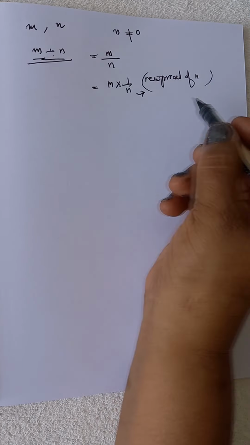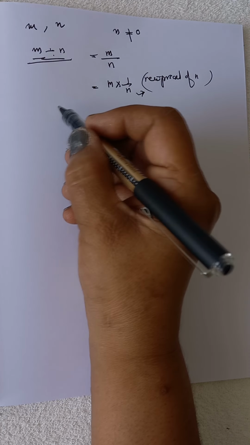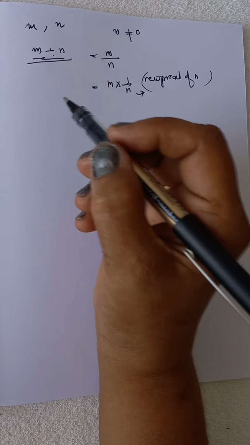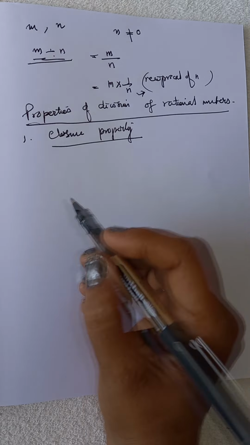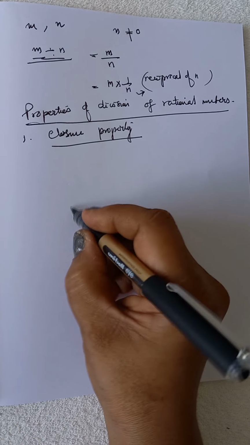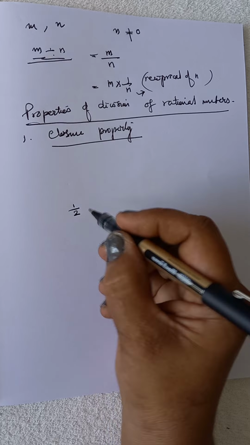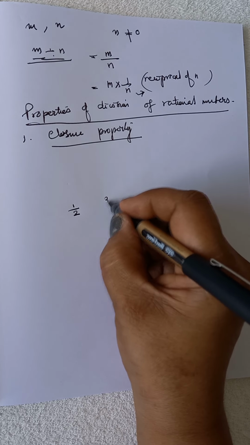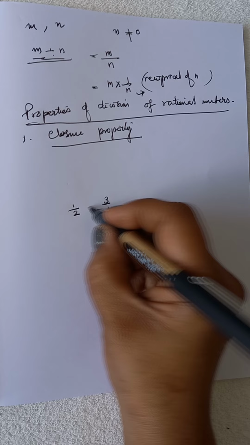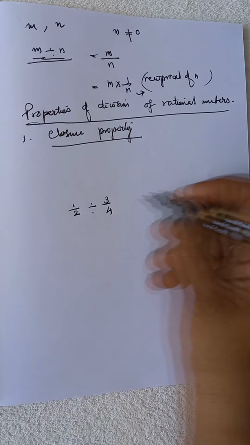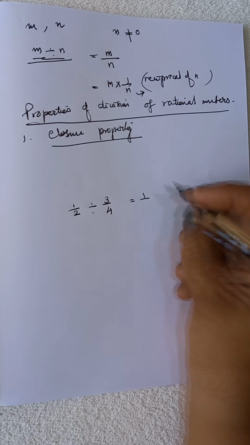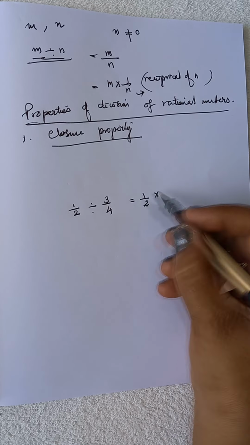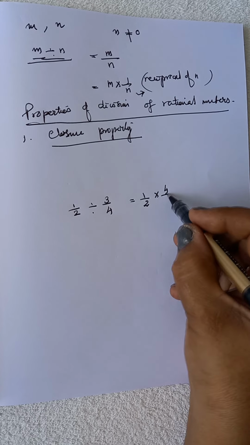Now we will deal with the properties of division of rational numbers. As usual, the first one is the closure property. Now I am taking the first rational number as 1 by 2 and another rational number, say 3 by 4. Then their division, 1 by 2 divided by 3 by 4, is equal to 1 by 2 into the reciprocal of 3 by 4, that is 4 by 3.